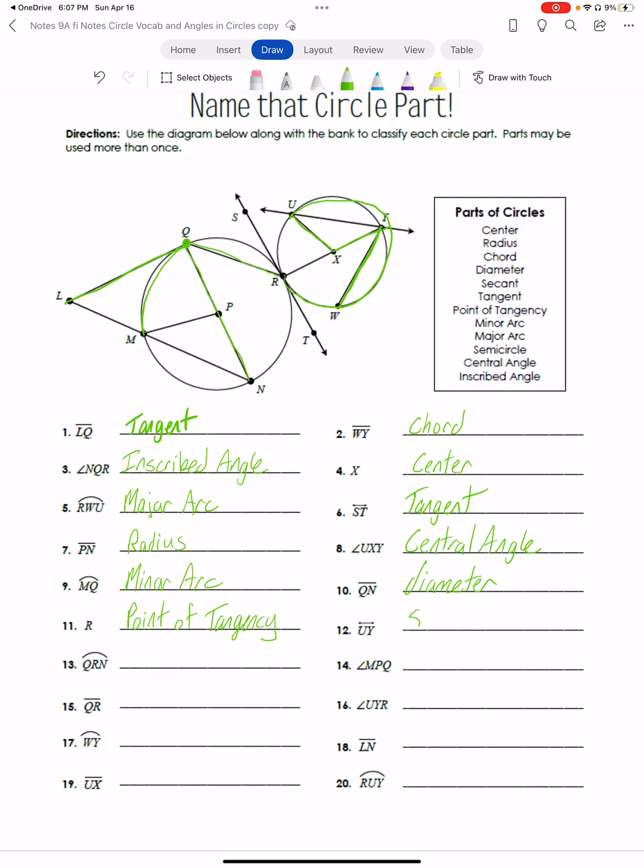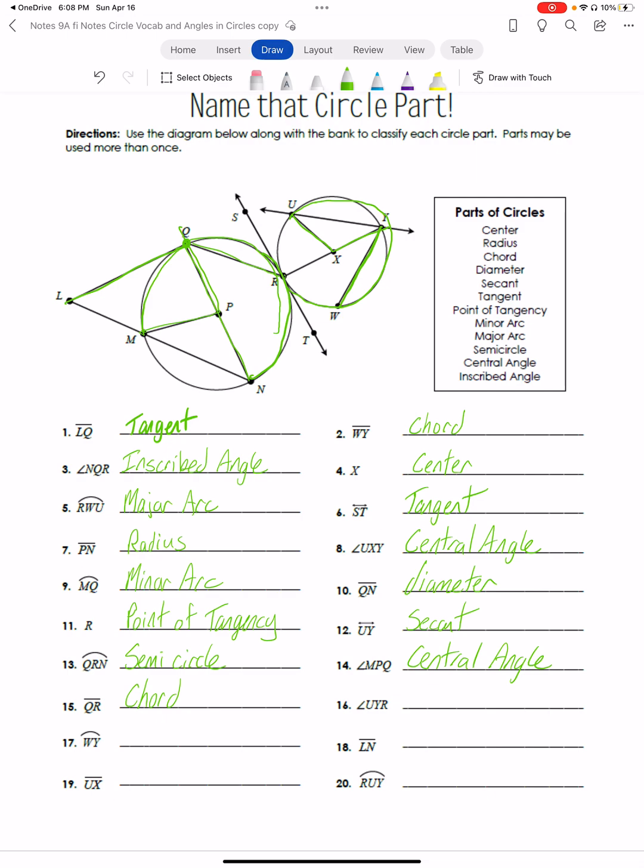UY, that's a secant because it goes through the circle. QRN, well, QN is a diameter, so therefore this must be a semicircle. MPQ, P is the center of a circle, so that's going to be a central angle. QR is going to be a chord.